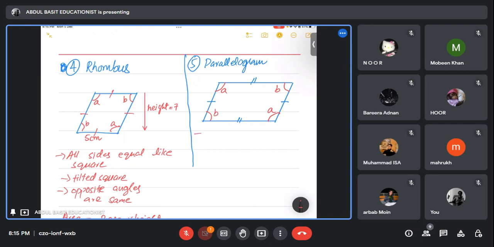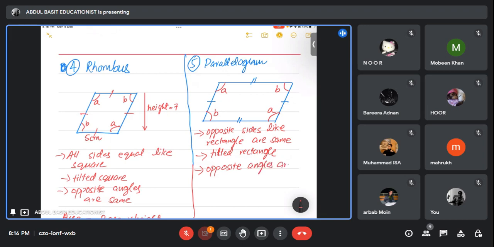So it means that opposite sides, like a rectangle, are the same, and it's a tilted rectangle. Okay, opposite angles are the same. This is the similarity with the rhombus.